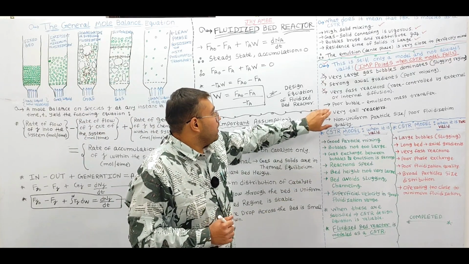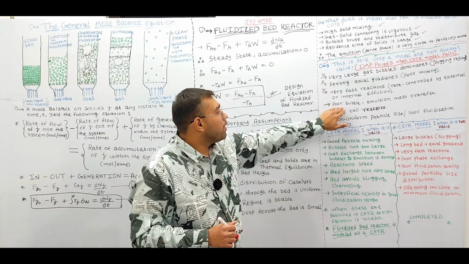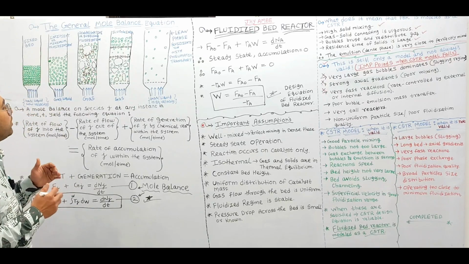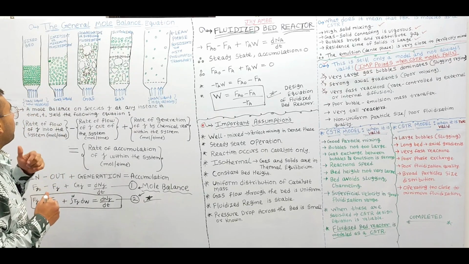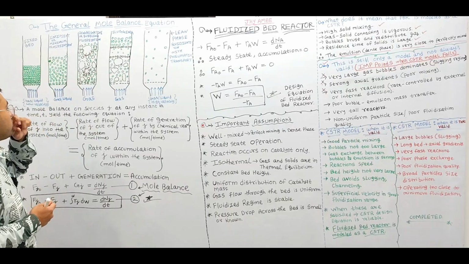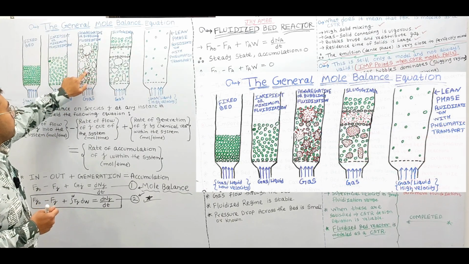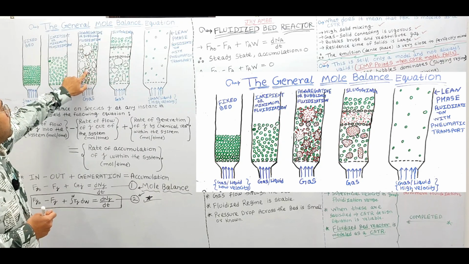The fourth point is poor bubble emulsion mass transfer. I already explained this in the same way. Here we have the bubbles, right? In the bubbles we have the presence of the gas phase and the gas leaks into the emulsion phase.